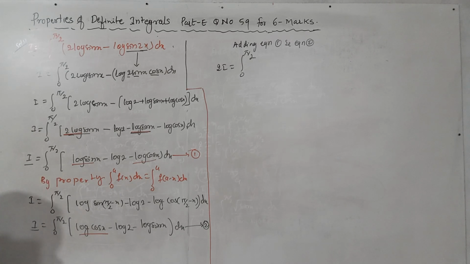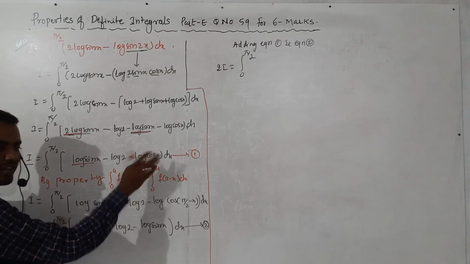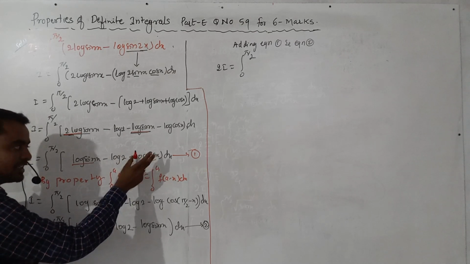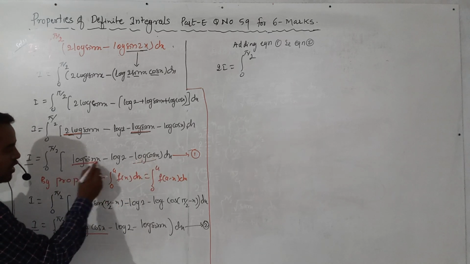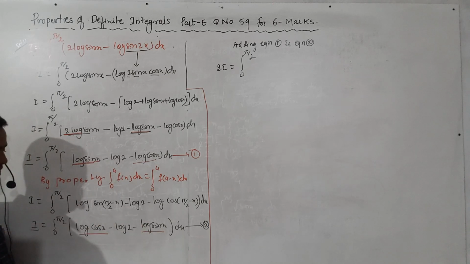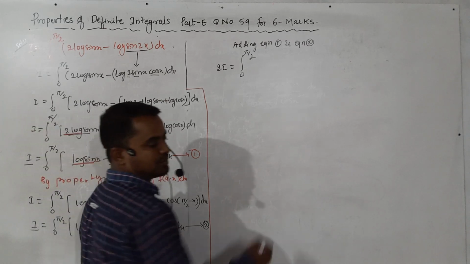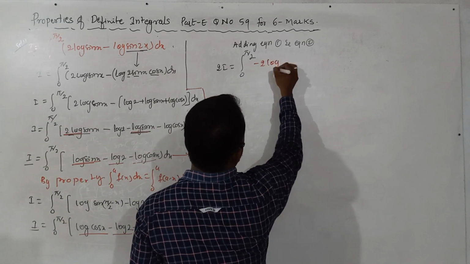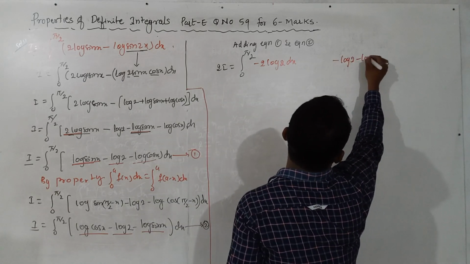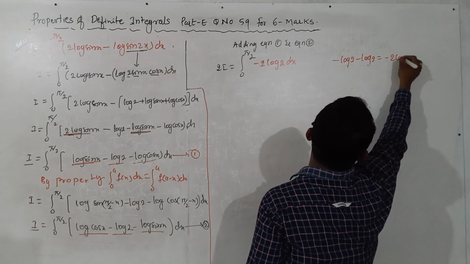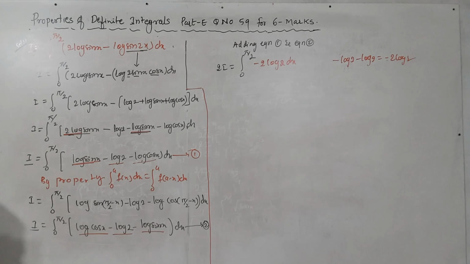This is minus log cos x and this is plus log cos x, so they cancel. Then plus log sin x minus log sin x is also cancelled. Minus log 2 and this minus log 2 gives minus 2 log 2, dx. Minus log 2 minus log 2 means nothing but minus 2 log 2. Is that clear?